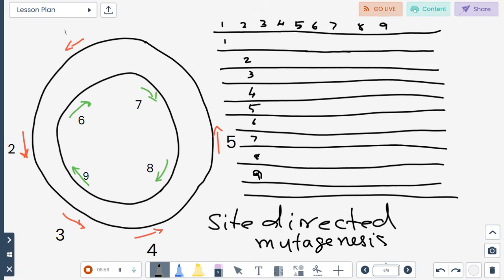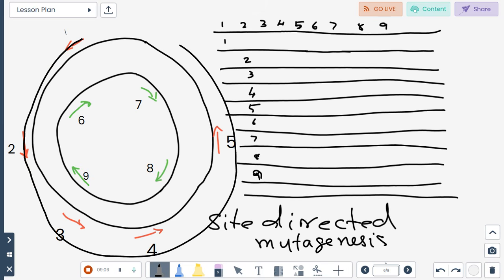And also you can have a product where mutation 1 is introduced, mutation 2 is introduced, then 1 and 2 introduced, or 1 and 3, or 1 and 4, or 1 and 5, or 1, 2, 3 introduced, or 1, 2, 4, or 1, 4, 5, or 1, 3, 4, like that, or in combination of 1, 6, 3 or 1, 9.